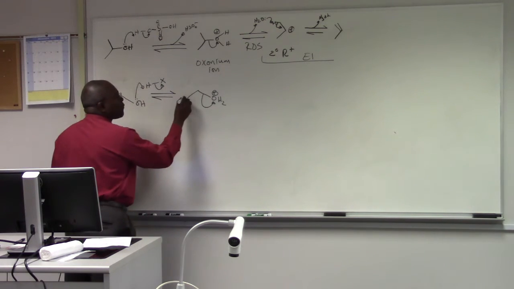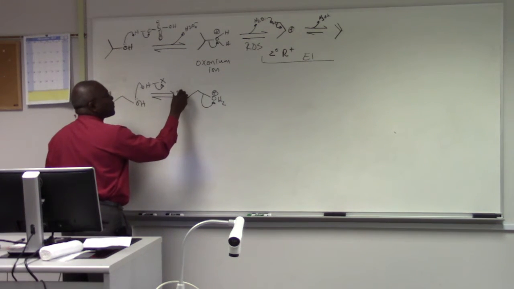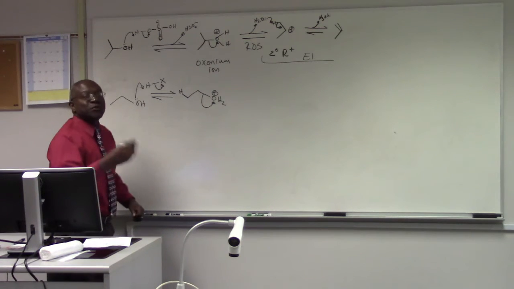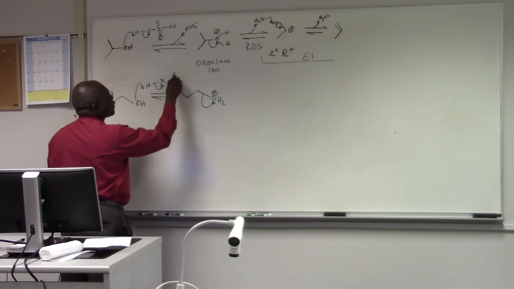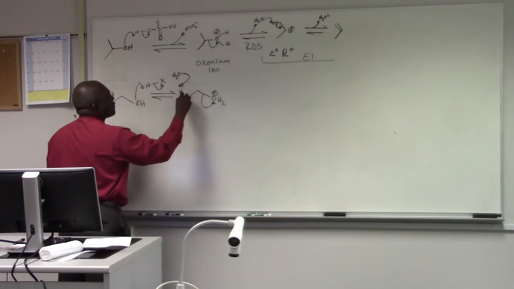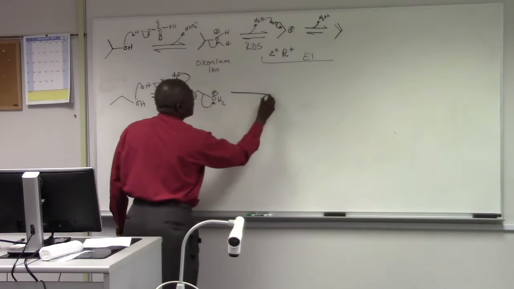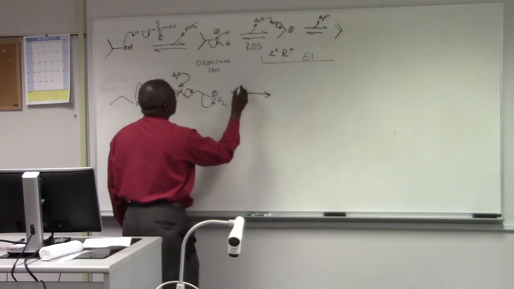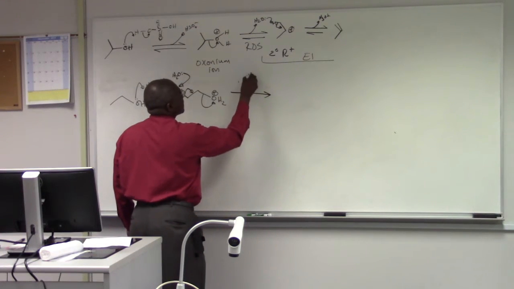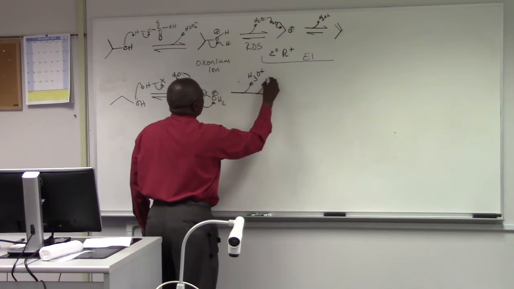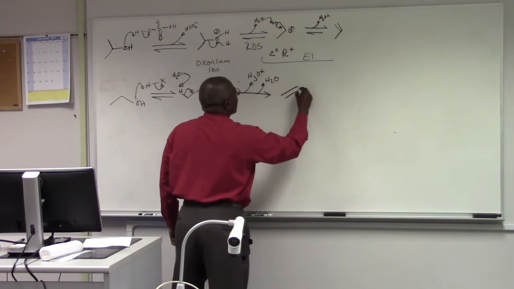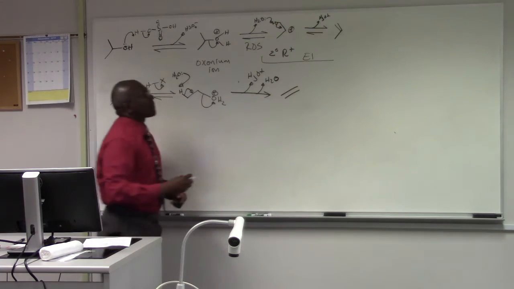So instead, what's going to happen is we're going to end up with the reaction undergoing an E2 type elimination. So I'm going to have a species, perhaps another water molecule, come in, suck off the proton, and I have loss of H3O plus, and I'm going to lose H2O as well, and that's going to generate my corresponding alkene.